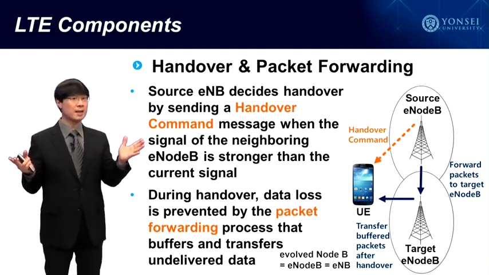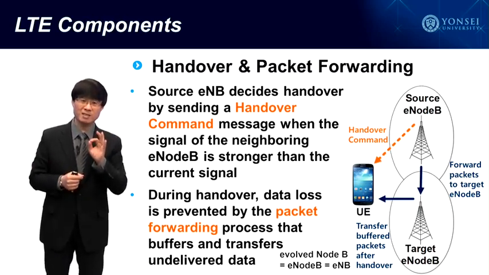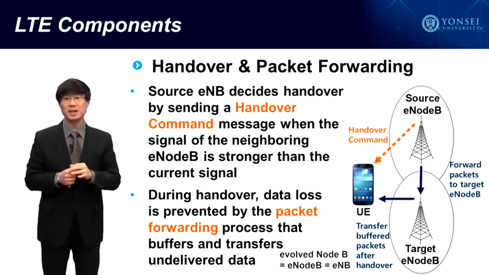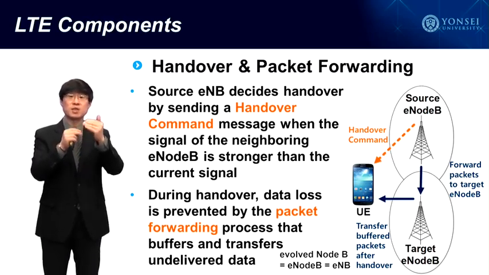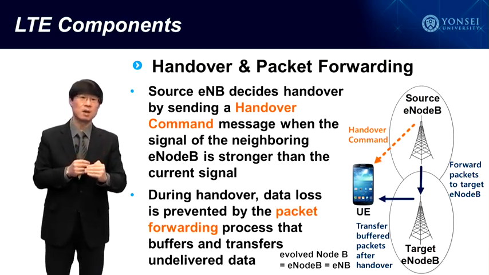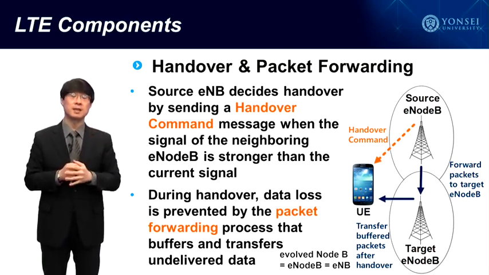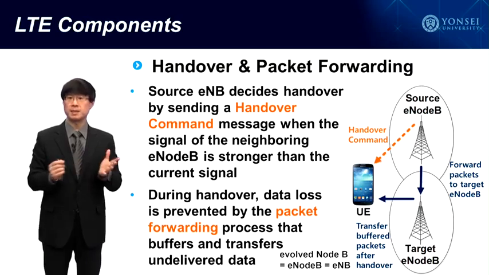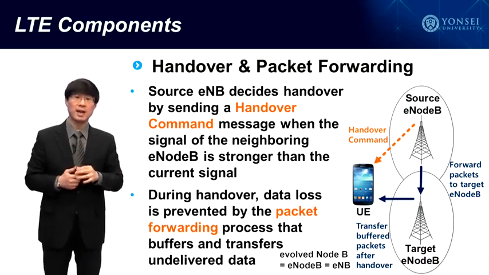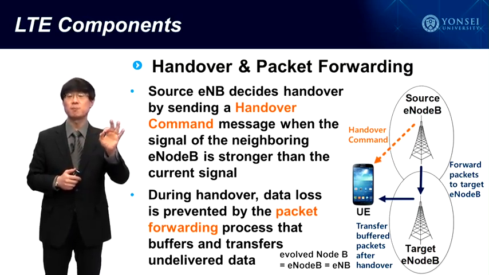So no packets are lost. But just because packets are not lost does not mean there is no interruption in the packet receiving sequence, as in a fully seamless operation. No, there may be a little bit of a gap in between, but still packets are not lost, because LTE mobile communication uses packet forwarding.